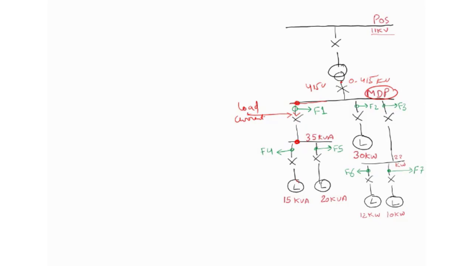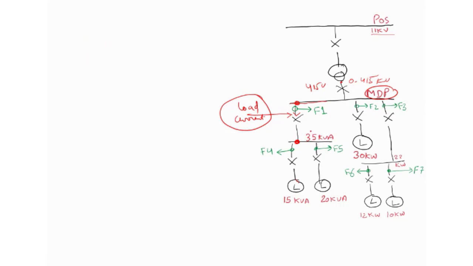It is very important to calculate the load current for every feeder: feeder 1, feeder 2, feeder 3, 4, 5, 6, 7. For all these feeders, we'll calculate the load current in a second, without doing any long calculation.